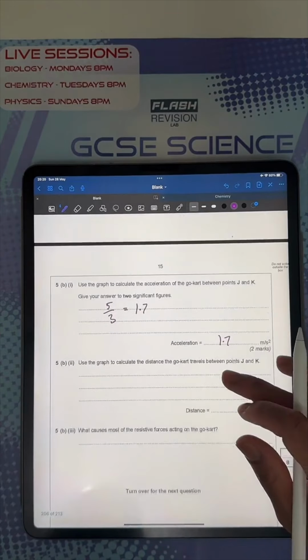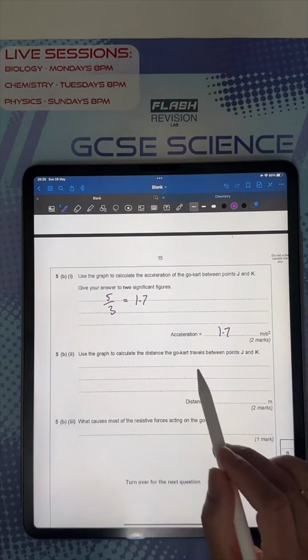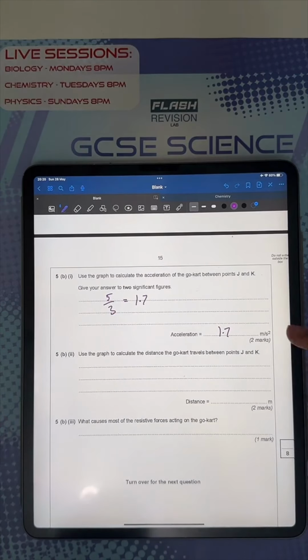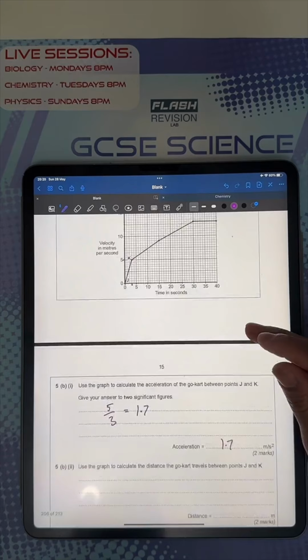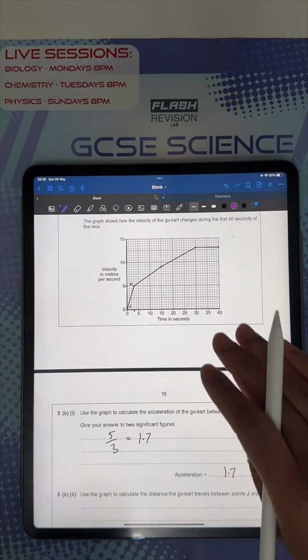Next one, use the graph to calculate the distance of the go-kart between points J and K. How do you find the distance on a velocity time graph? Area under it.